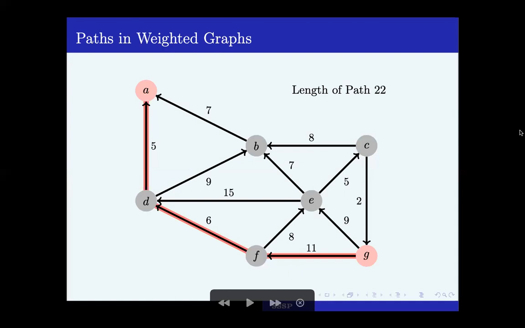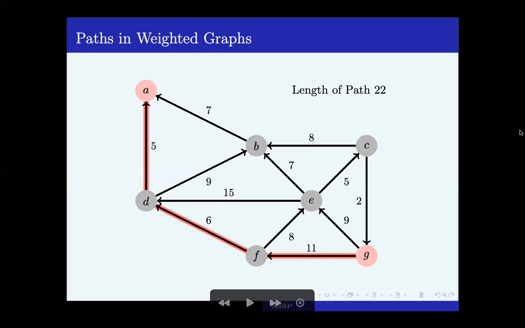Now, this problem of finding shortest path in weighted graphs is an extremely important concept. Not only is it used in standard software like Google Earth and Google Maps to find out the shortest path between two points and so on, it is also used for lots and lots of other things, where the edge weights do not necessarily represent the time to traverse, but might represent something else.